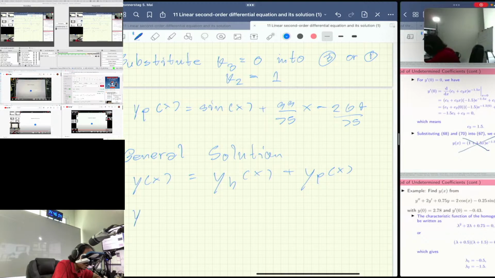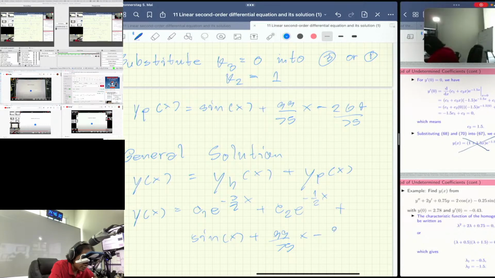So y(x) will be what is yh? Yh is c1 exponential negative 3/2 x plus c2 exponential negative 1/2 x, right? And plus yp, which is psi x plus 99.75 x minus 264 divided by 75.